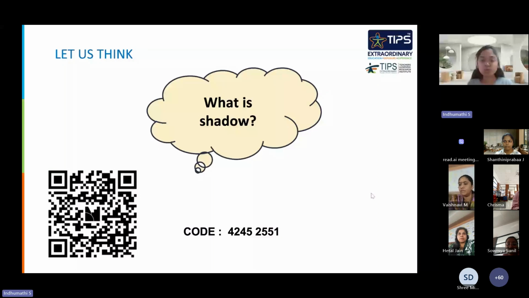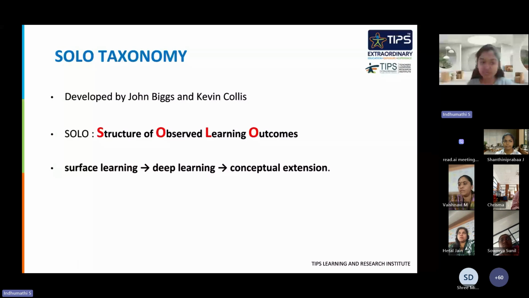SOLO taxonomy is a framework designed by John Biggs and Kevin Collis. SOLO stands for Structure of Observed Learning Outcomes. So, we are giving a structure to the observed learning outcomes.